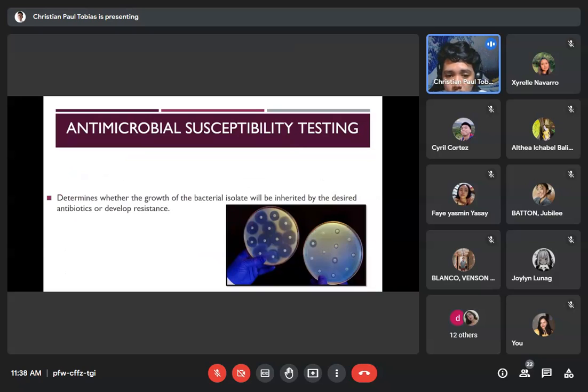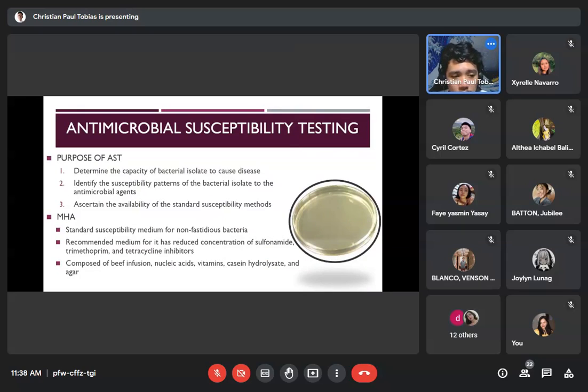Theoretically, if the measurement of this antibiotic is 14 millimeters and it falls within the range, while the others are 17, 10, only this one is within range, so this is the antibiotic you will use. It can be any antibiotic like erythromycin, clindamycin, penicillin.